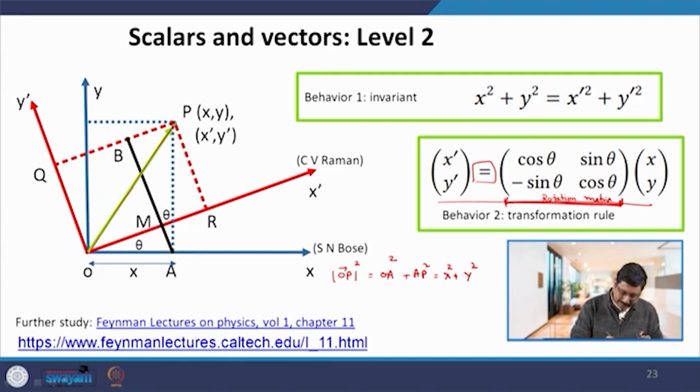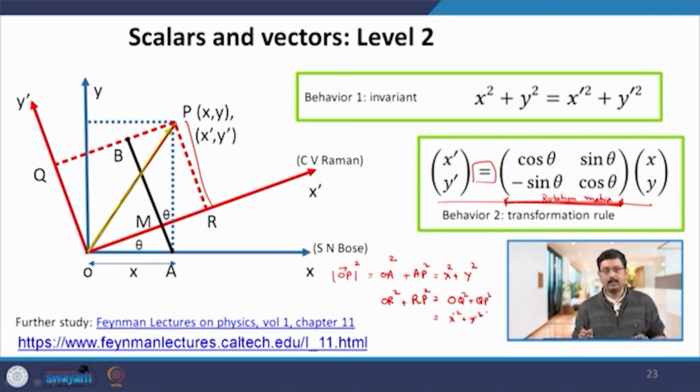Now, the same distance OP can also be represented by OR square, which is in the red coordinate system, plus RP square, which is the same as OQ square plus QP square. So this is the first kind of behavior.